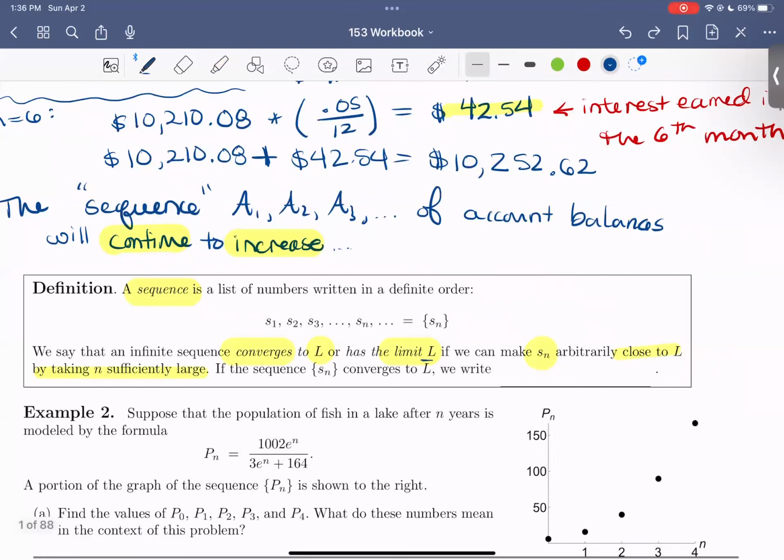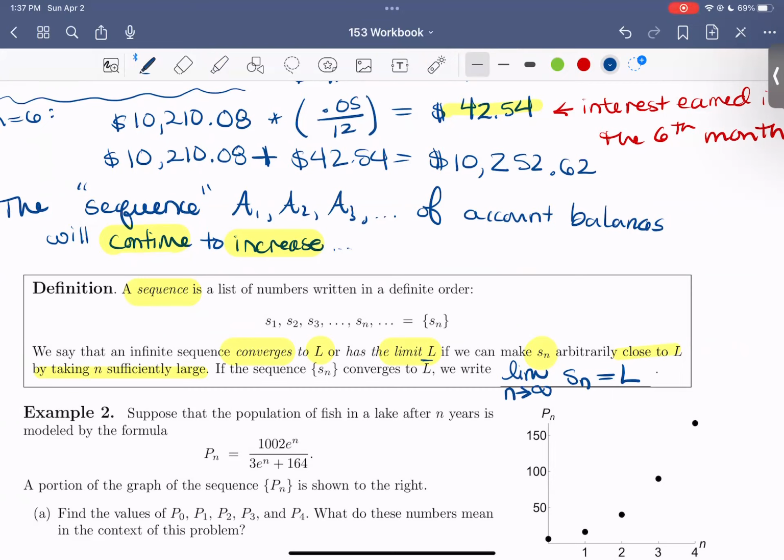Otherwise, the sequence S sub n converges to L. Or rather, if the sequence S sub n converges to L, then we write that the following way: the limit as n goes to infinity of S sub n is equal to L. So this should feel a little bit familiar with what you've seen when we've looked at limits of functions.